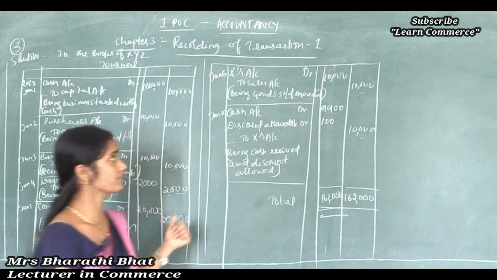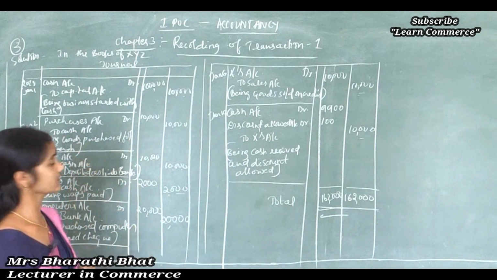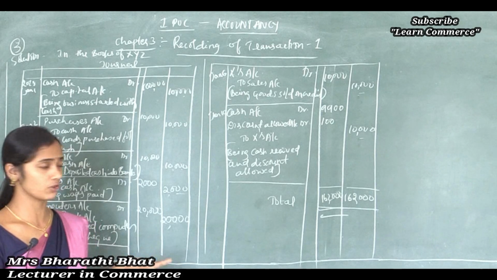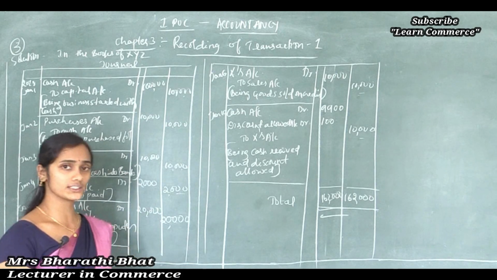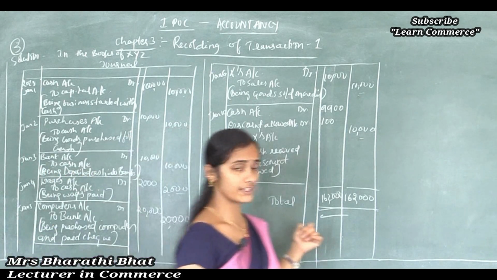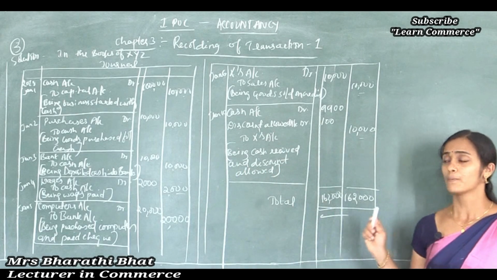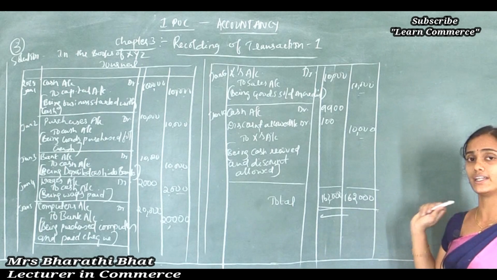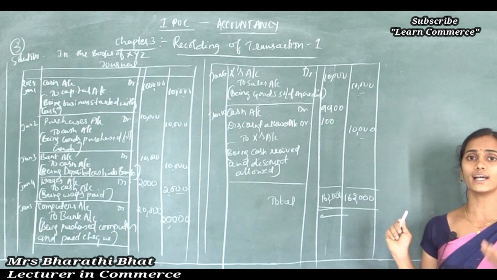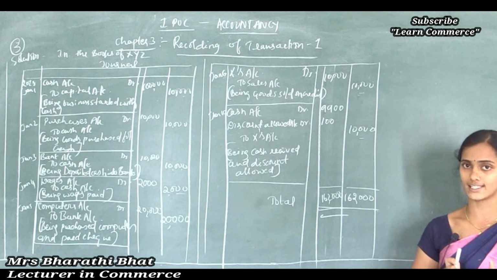This is the first step, passing the journal entries in the book called journal. And what is the next step? By referring to this, we need to post these journals to the individual accounts to know the net result of all transactions.